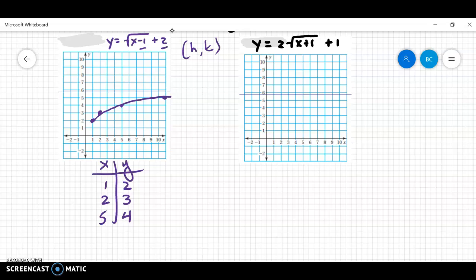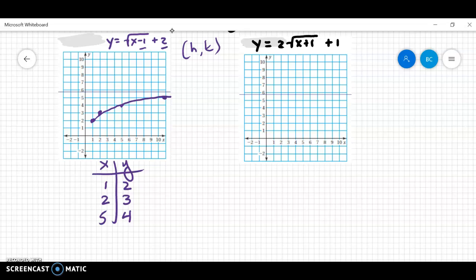Notice that whatever is under the square root symbol has to be positive, because, sorry, it also could be 0. Because if it ended up being negative, the square root of a negative number is an imaginary number, which we're not dealing with yet. So this has to be 0 or greater.